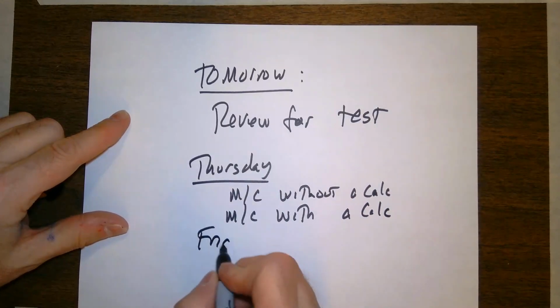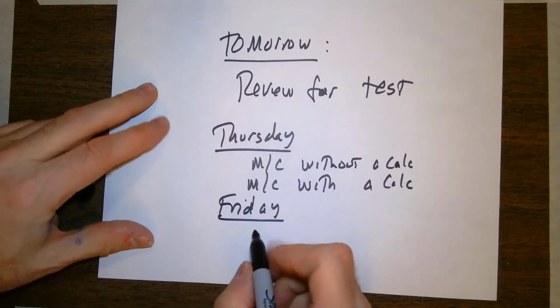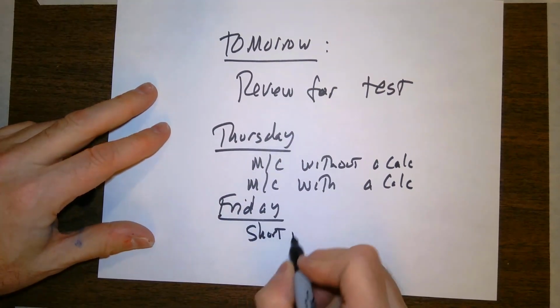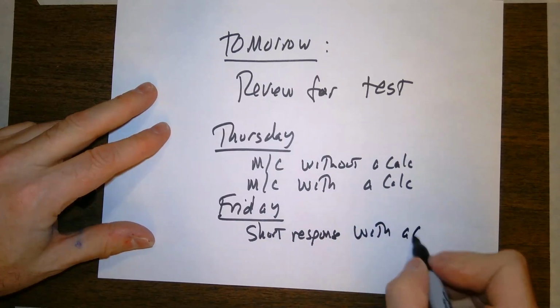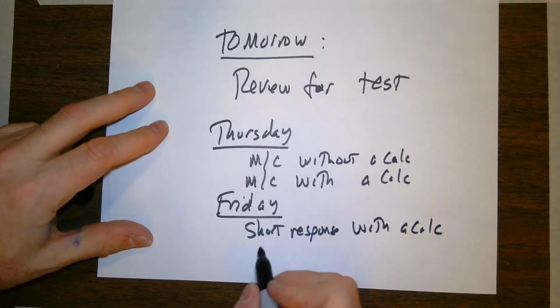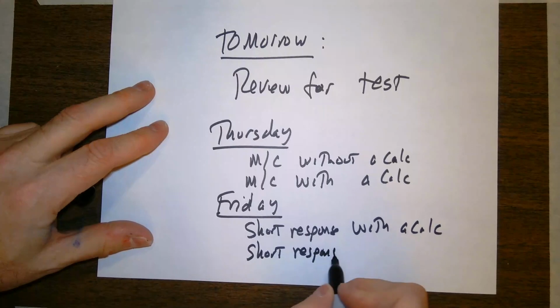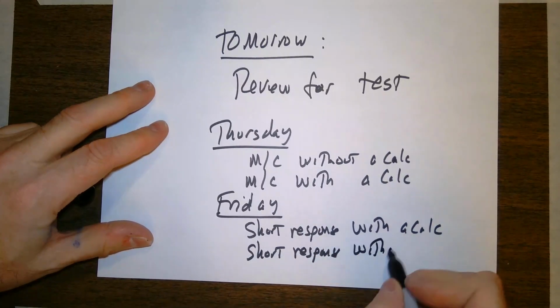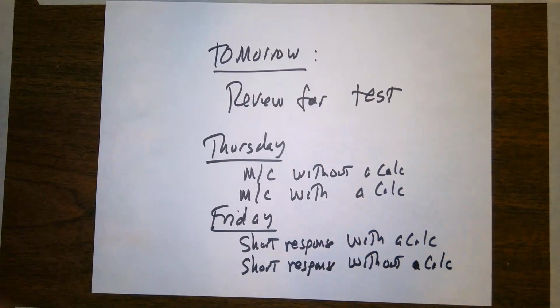And then on Friday, again, AP style, we will have short response with a calculator. And then at some point, the calculators get taken away, and you will have short response without a calculator for the rest of the test.